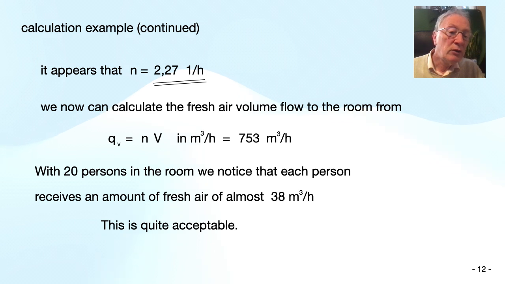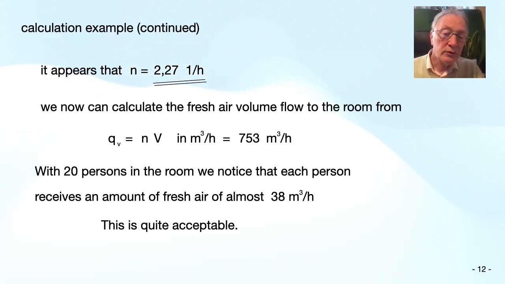Then we say, okay, the fresh air volume flow is N times V. That amounts to 753 cubic meters per hour. And then we say we have 20 persons in the room, and then per person we have 38 cubic meter per hour fresh air, which is quite acceptable.